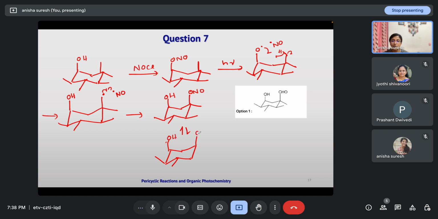Sorry, not ONO, that is a mistake. It is CH2-N double bond O. So it can tautomerize, leading to the formation of this oxime.